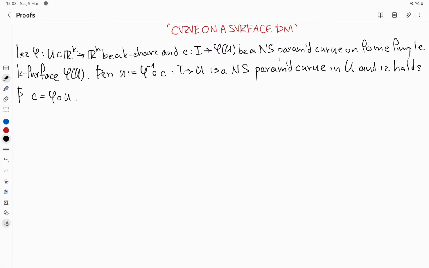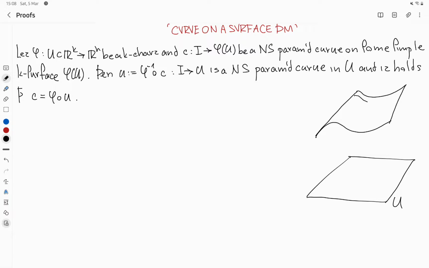Well, let's do our best to sketch this. So we have k-dimensional real space U down here. Somewhere up here we have a simple surface, like so.